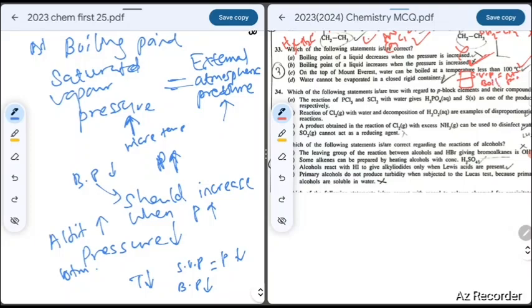Therefore, water can be evaporated in a closed rigid container, so D is wrong. So the answer is B and C. Answer is 2.